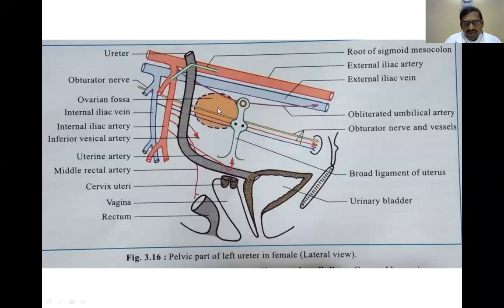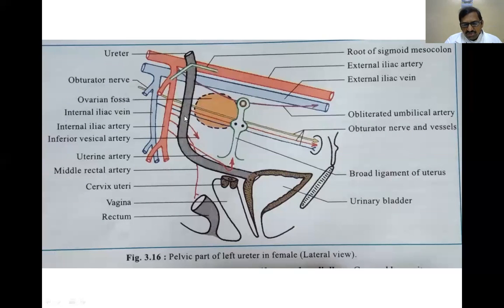The vertical part, the first part of the pelvic ureter, is related anteriorly to the ovarian fossa and broad ligament, and posteriorly to the common iliac and internal iliac vessels. Laterally it is related to the obliterated umbilical artery, and to the inferior vesical vein, middle rectal vein, uterine vein, uterine artery, inferior vesical artery and middle rectal artery.